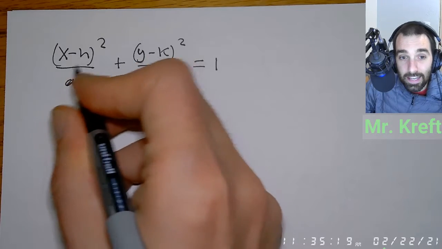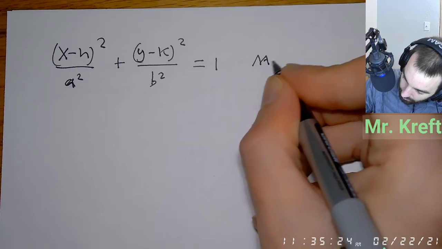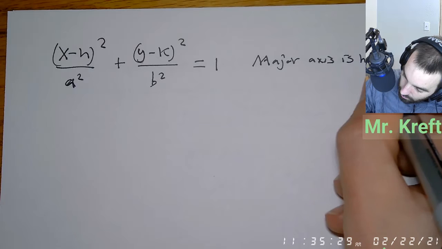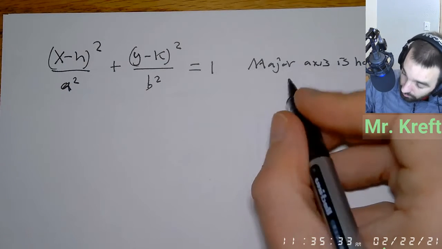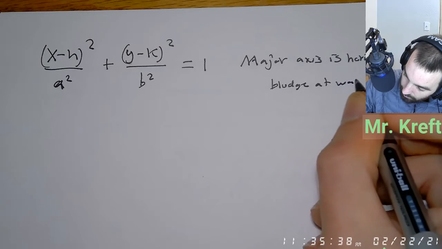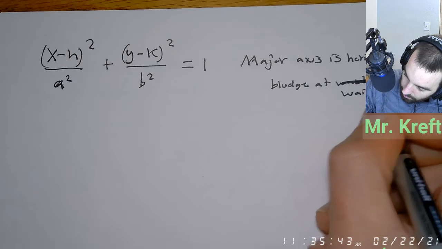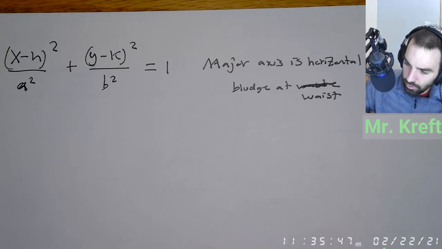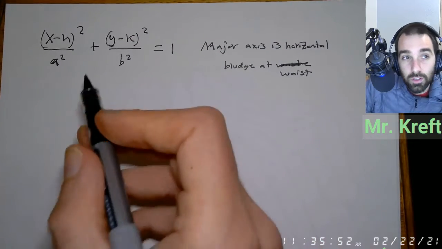Here, the major is with the x-axis, so the major axis is horizontal, and that means it's bulging at the waist. Sorry, am I too zoomed in? There we go. Bulge at the waist.